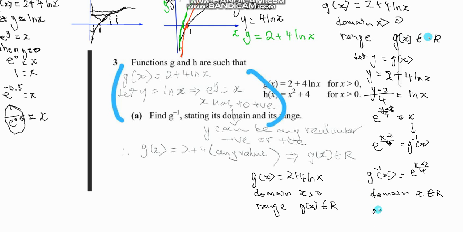Then the range, which takes on the domain, so the range in this case will be more than 0. Okay, the range of this function will be more than 0, so that means g inverse will be more than 0. Okay, that's it.